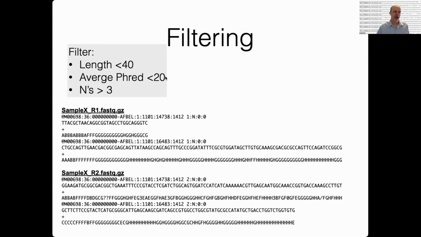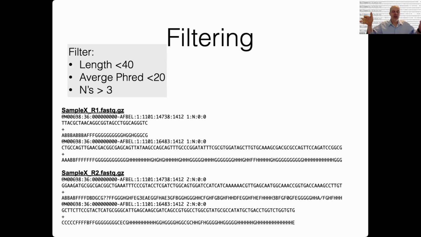So here's some somewhat reasonable common filtering approaches. We're going to throw out any reads where the length is less than 40. If the reads are too short, then they're not necessarily useful for us for many applications because we can't find the right place in the genome for them, right? Imagine in the limit where you trim down to a single base. So you have an A and you're trying to match that in the genome. Well, in a genome of 1 million base pairs, it's going to match about 250,000 locations, right?